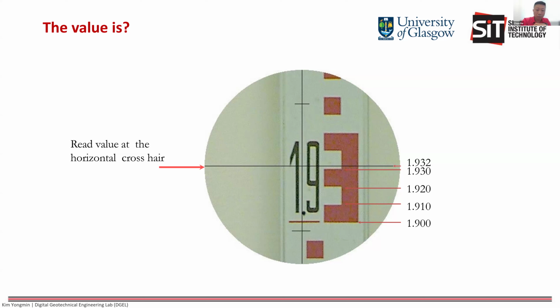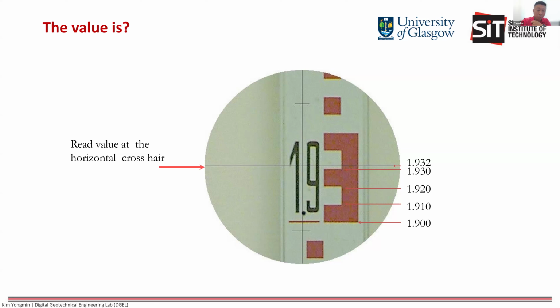And when you go to the middle of this number 3 it is 1.930. But your crosshair stops at somewhere above 1.930. So here you need to estimate whether it is at the middle of the two grids in between.